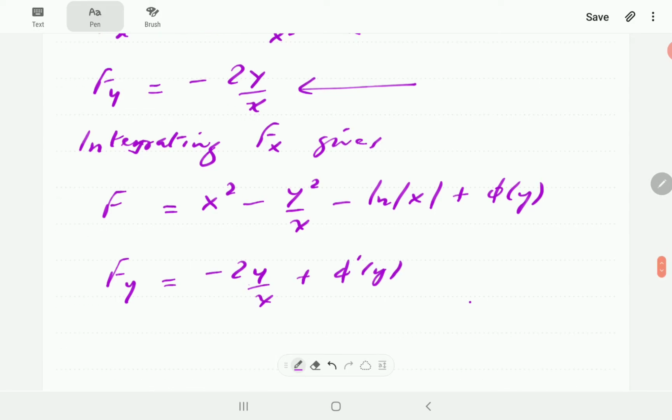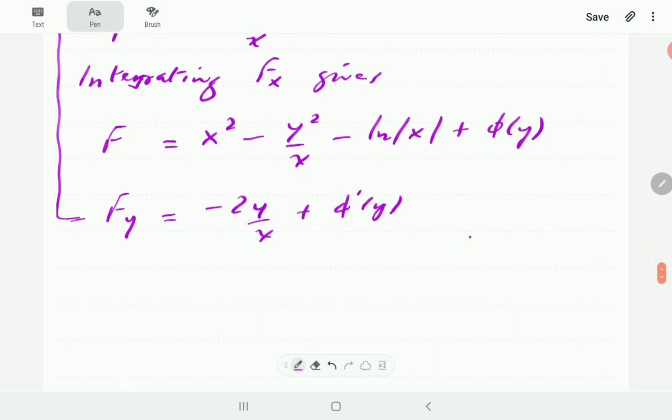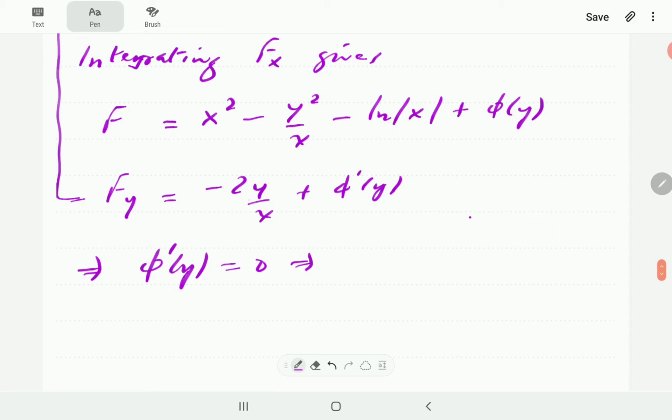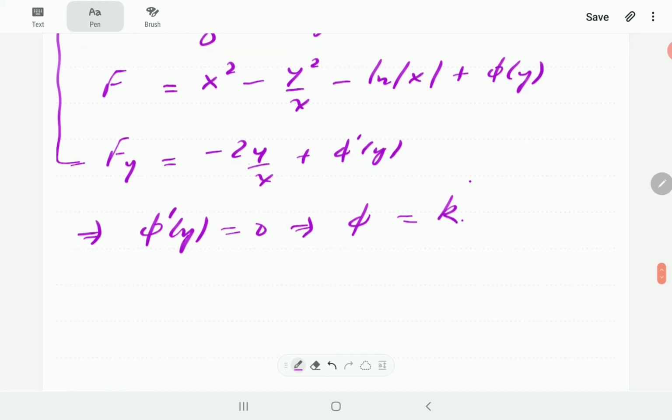So if we compare these two, we can see that phi prime must be equal to 0 because there is no other term here. So if phi prime is 0, it means phi is equal to k.